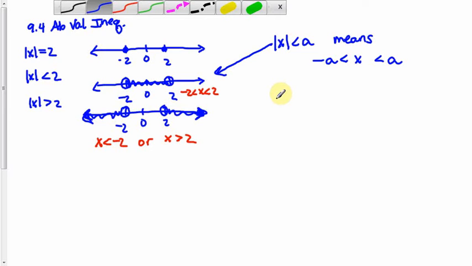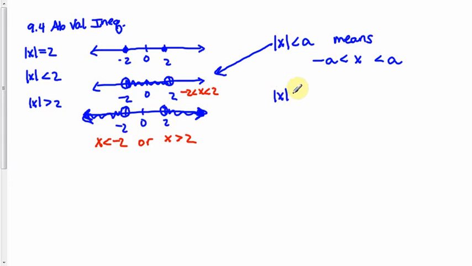So number 3 on that review and complete says if absolute value of x is greater than A, now A has to be positive, a positive real number, then that means that x is less than negative A or x is greater than positive A.